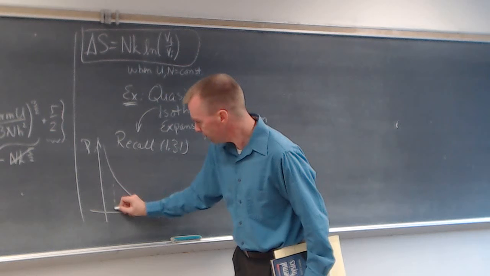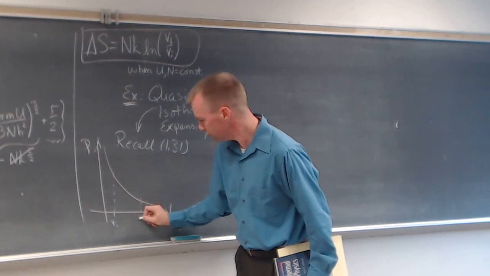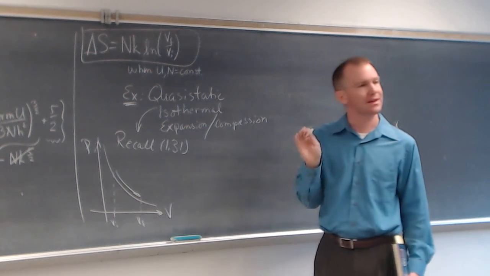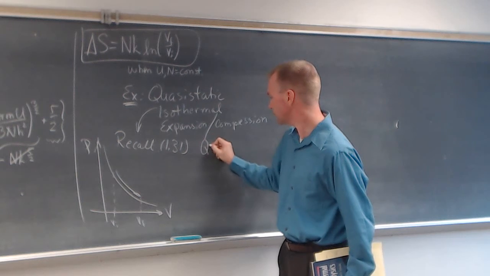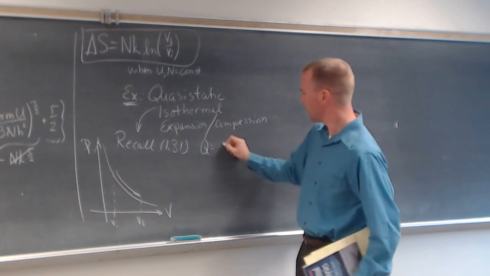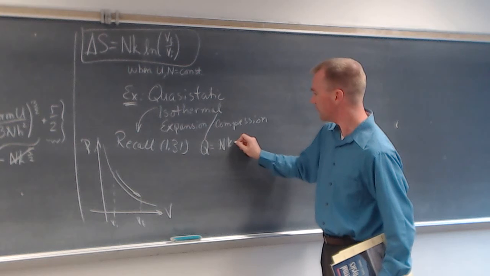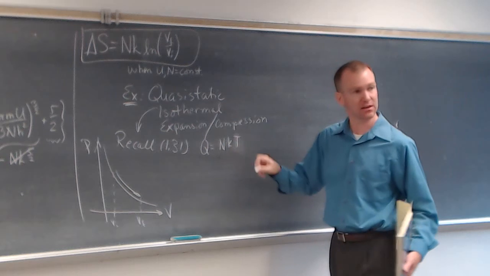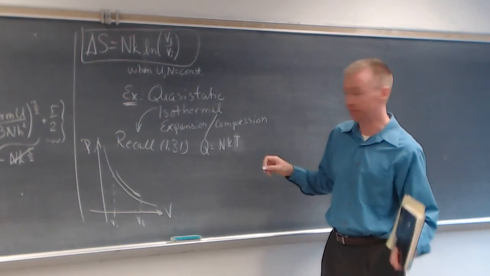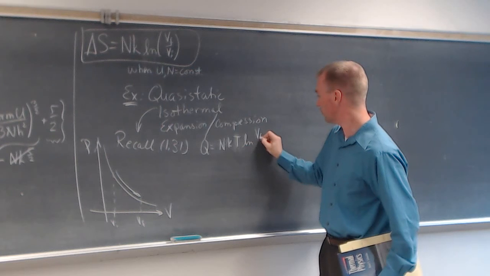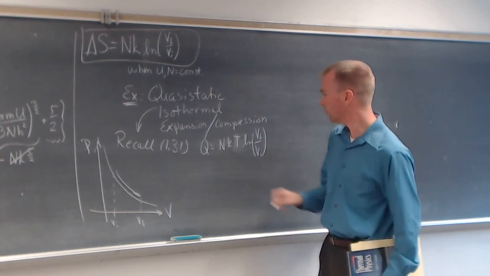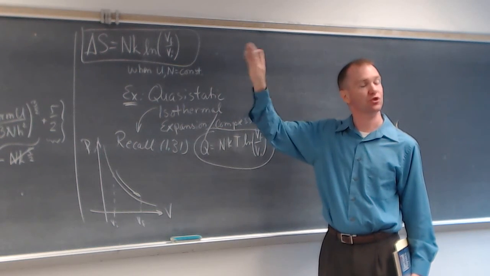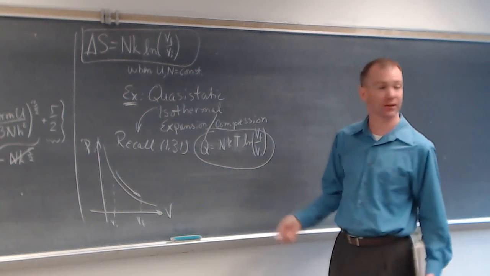And if we go from V initial to V final, or the other way around, the heat flow during that is Q equals NKT times the natural log of V final over V initial. Boy, doesn't that look a whole lot like what we found with the change in entropy right here. The only thing missing was the temperature.